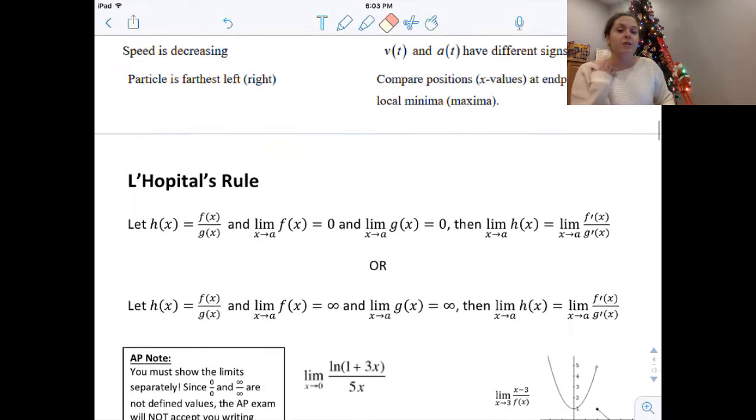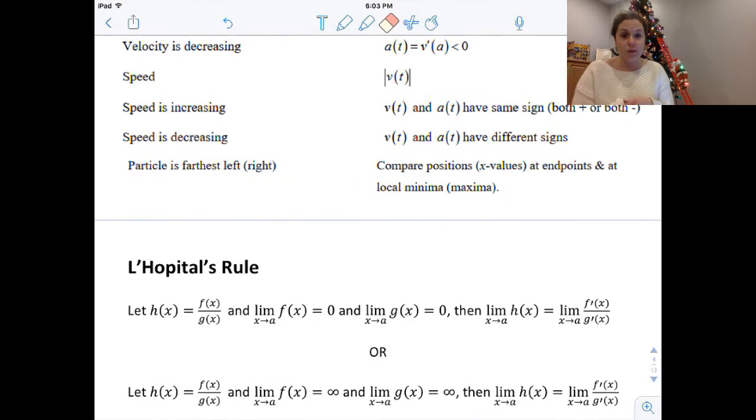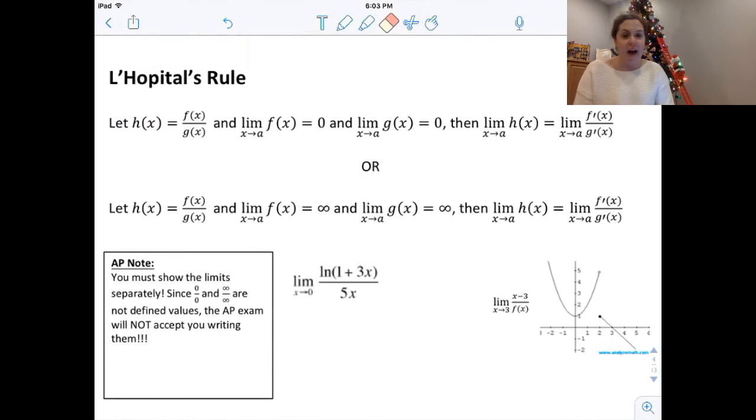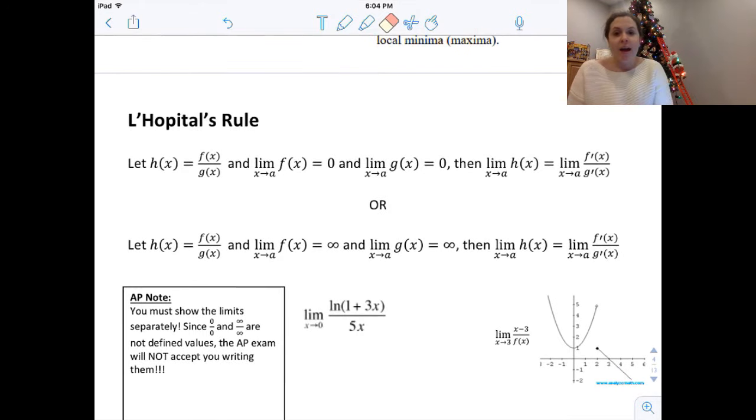So we're going to start with that because it's sort of the most basic, and it's also the one where we've got to be very careful with our notation. L'Hopital's rule is a method for finding limits when they're in an indeterminate form. We're starting with some kind of a quotient, or something that can be rewritten as a quotient, and the limit of the top and the limit of the bottom are both 0, or both infinity.